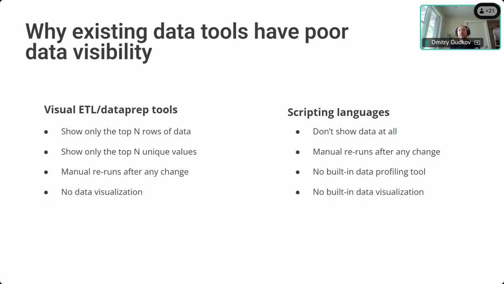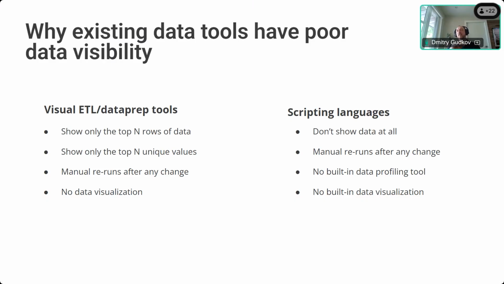But the same data visibility problem exists with scripting languages as well, no matter if it's Python or R or SQL or anything else. First of all, you don't see data. You write a script, it runs, it produces something, but if your business logic is complex, you may want to see what happens with your data at every step. And Python doesn't have built-in tools.